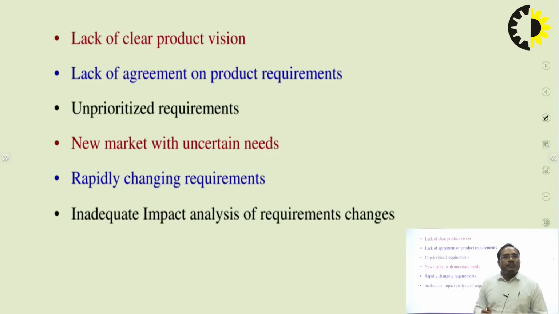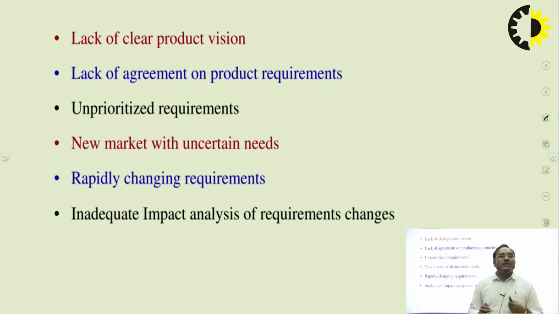Lack of a clear product vision: you do not have detailed knowledge of the project, how you will develop it and what level you will reach. Lack of agreement on product requirements: what product requirements are basically needed for developing that project. Unprioritized requirements, new market with uncertain needs.